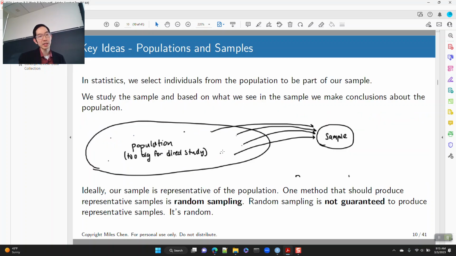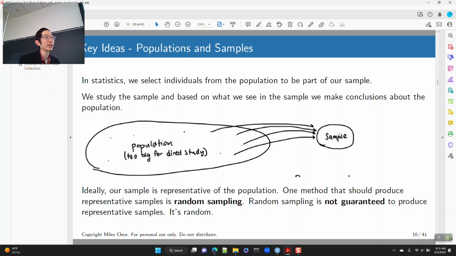So what we do instead is, this is my beautiful artwork here. This potato is supposed to represent the giant population, okay? And from this population, we select individuals at random, and that forms our sample, right? And so what we are able to study is this sample.